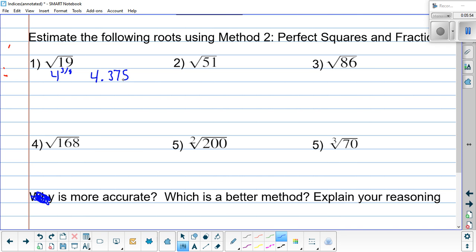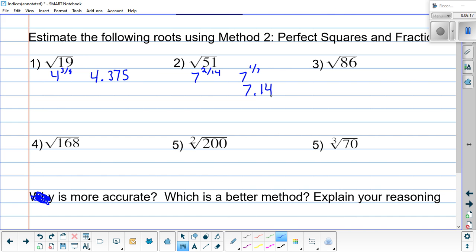We'll check how close we are afterwards. Next, the closest square is 7. The difference is 2, and double our original is 14. So we have 7 and 1/7. 1/7 is about 0.14.